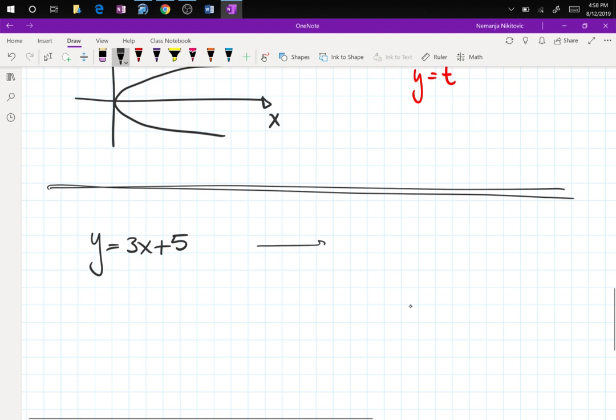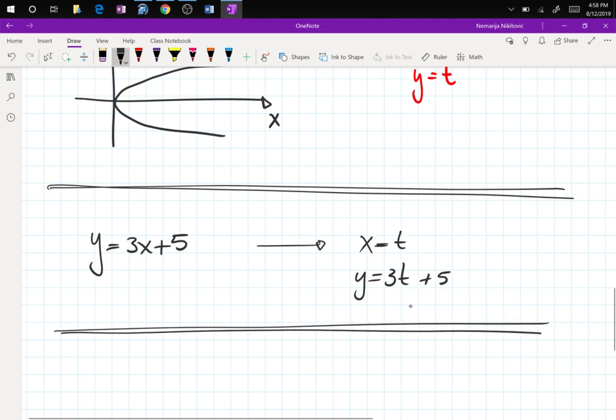Completely pointless to make parametric equations for this because you are not achieving anything and you are making matters worse, having two equations instead of one where these two are completely the same equation. So pointless for some cases, but very useful for others. So it's situational. You don't get to use parametric equations all the time.